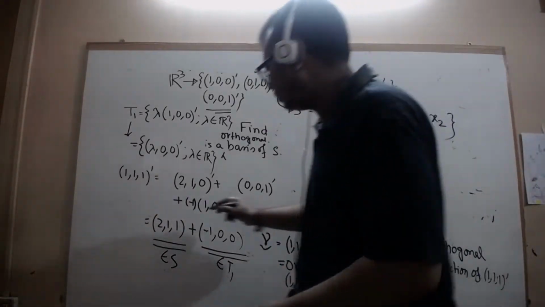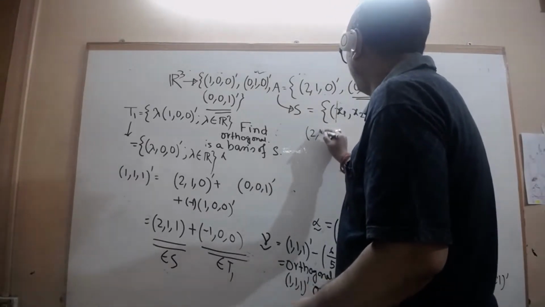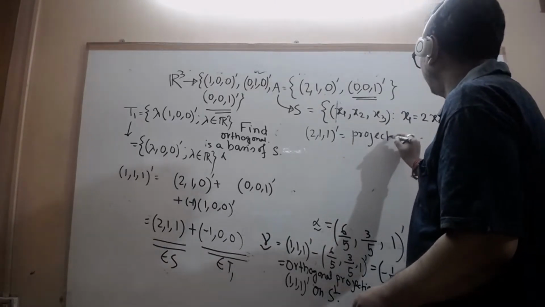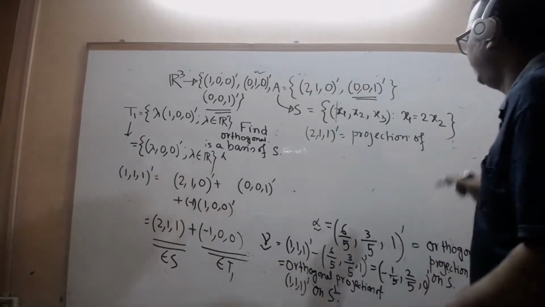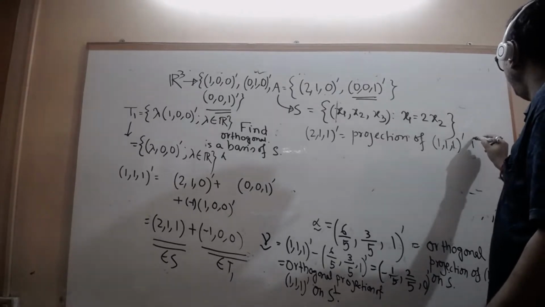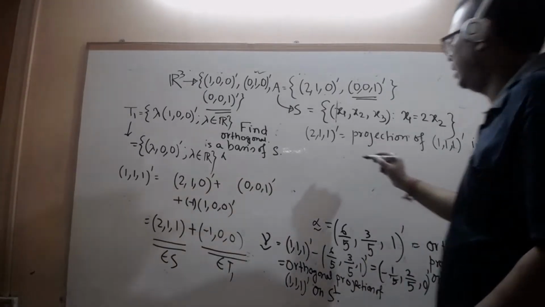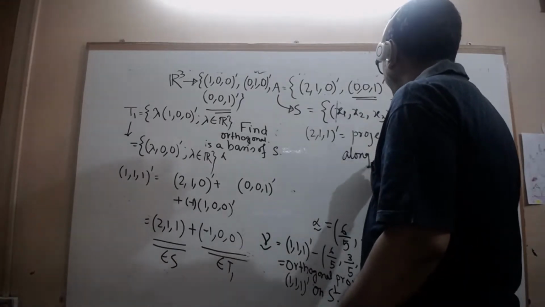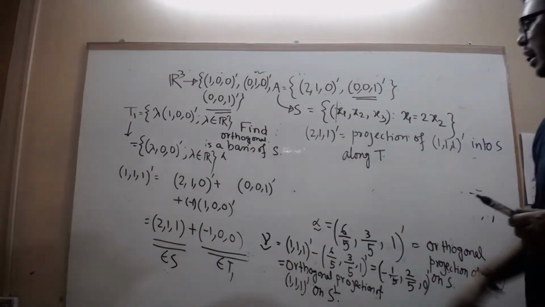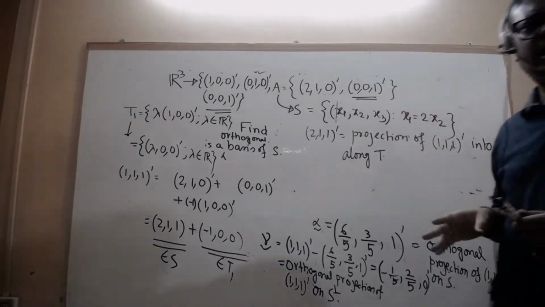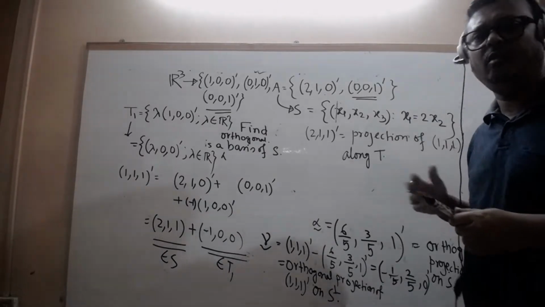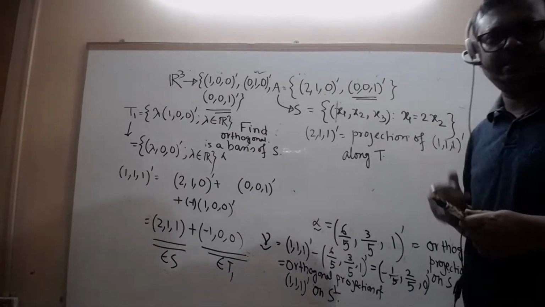So this (2, 1, 1) is a projection of (1, 1, 1)' into S along T. So see that this alpha curve and this both are the realizations of (1, 1, 1) on S.